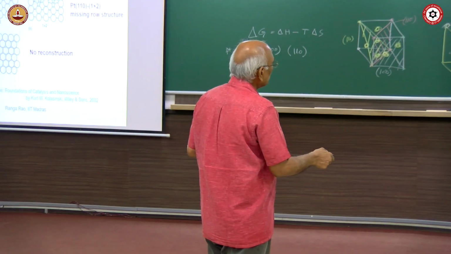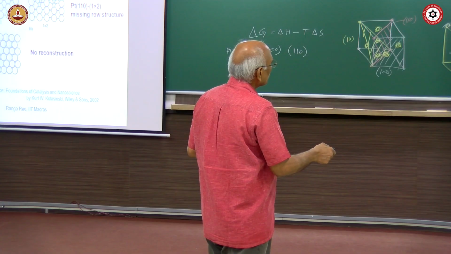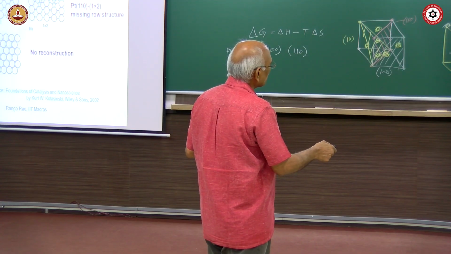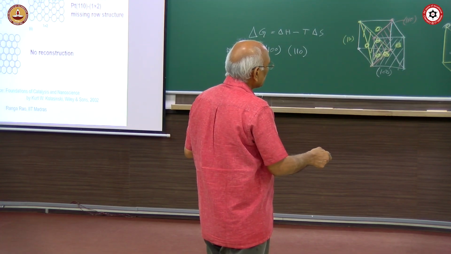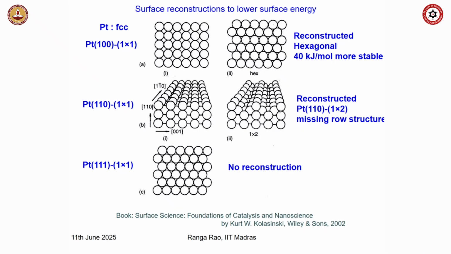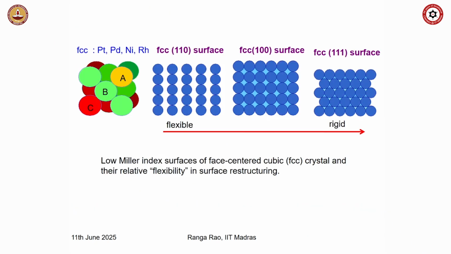Now, if you take platinum 110, don't worry about the notation. Platinum 110 has this plane. You have rows of atoms which are separated: one row, two, three, four rows, but the rows are not touching.